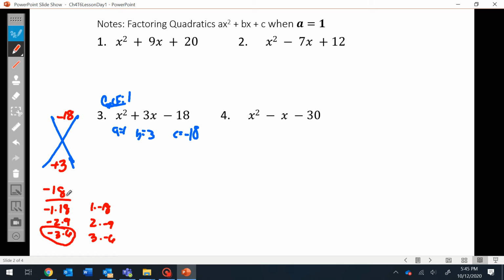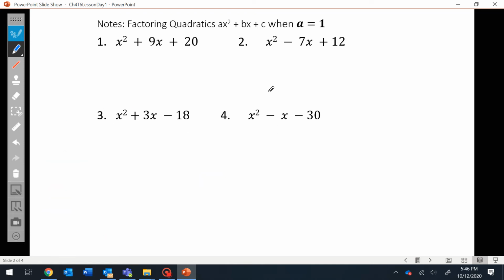It multiplies to -18, but these add to positive 3, because -3 plus 6 is positive 3. So -3 here, positive 6 here. That's going to tell me my factors are x minus 3 as my first factor, x plus 6 as my second factor. So this would be my factored form for number 3.